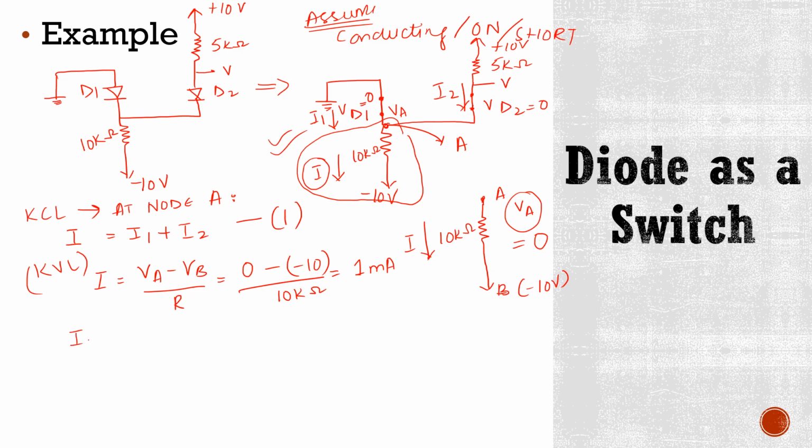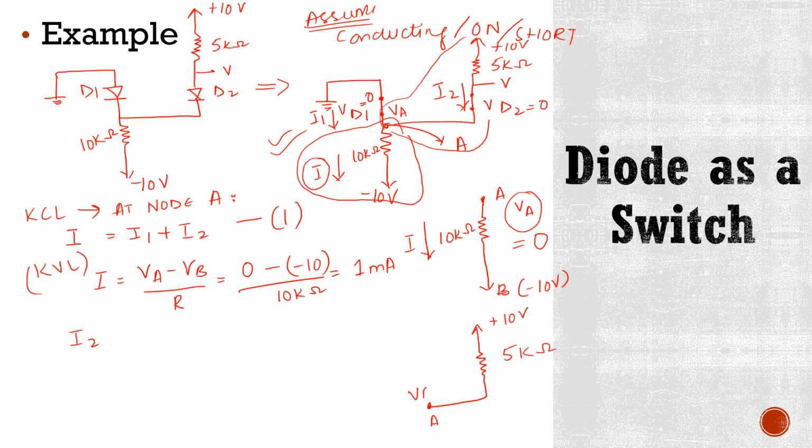Now what will you do for I2? Now you look at this first half of this circuit, and you can draw this part like this. This is node A. This is plus 10 volts. This is 5 kilo ohms.